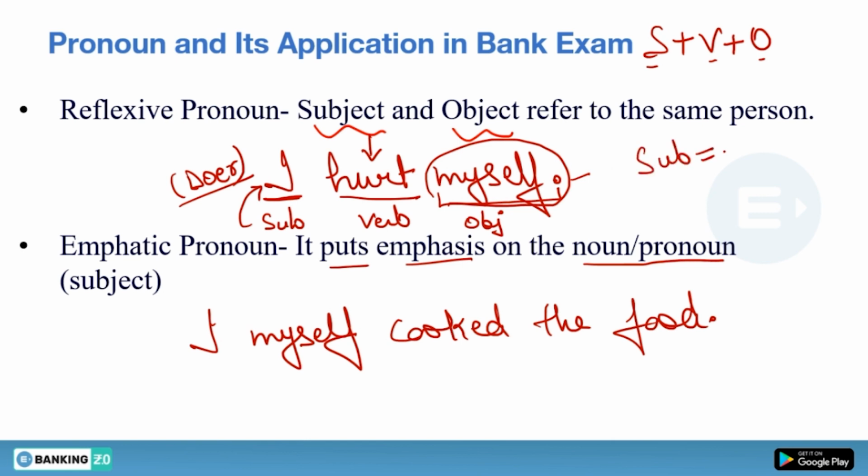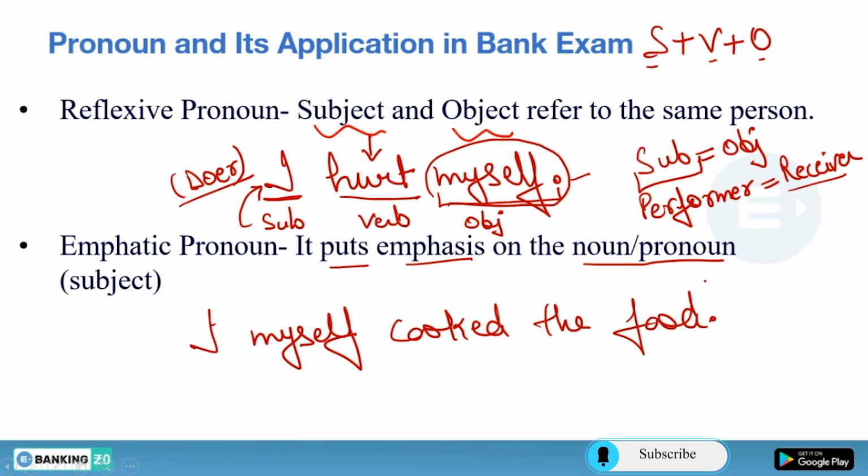It means subject is the object, the person who is performing something, the person who is the performer is also the person who is the receiver of the impact of the action. Okay, it means I is the receiver. I hurt myself. I did not hurt anyone else, but I hurt myself.